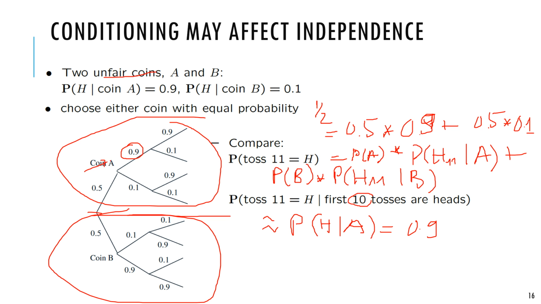A and B can be independent, but the condition that we saw the 11th toss, given that the first 10 tosses were heads, affects it, and the next toss is also likely to be coin A, so it affects independence.